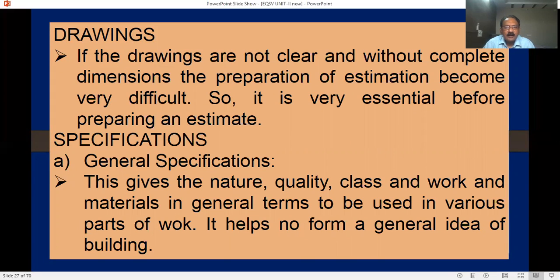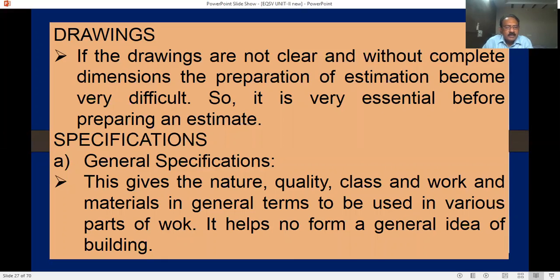If the drawings are not clear and without complete dimensions, the preparation of the estimation becomes very difficult, and it may not be accurate. So the drawing should be very clear with clear dimensions.